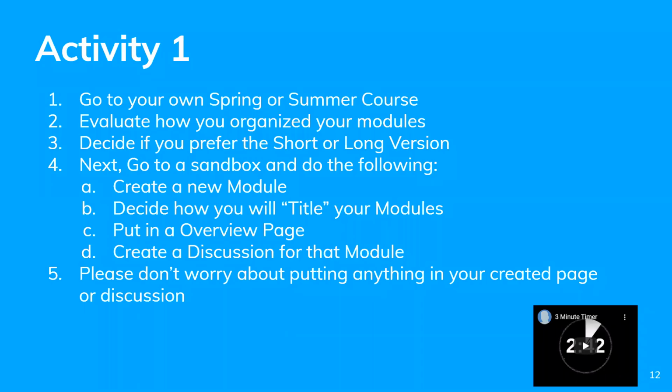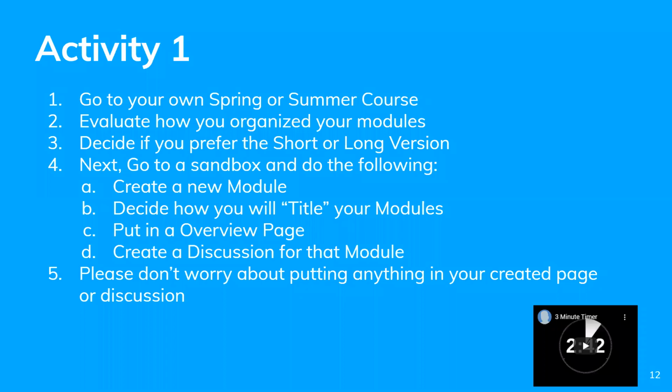All right, so let me pop back over. And here is your activity. So you're going to go to a spring, a summer, a sandbox somewhere, and you're going to evaluate how you have organized your modules previously. Then you're going to think about how you want to think about this in the future, short or long version. Then figure out how you're going to title your modules, create a new module, put in an overview page, and create a discussion.